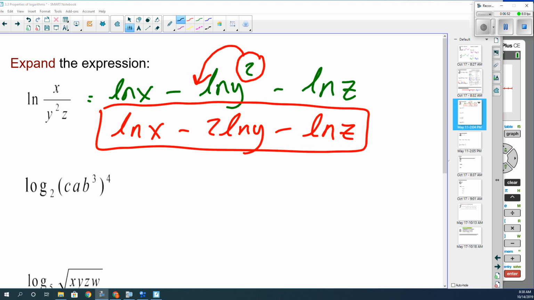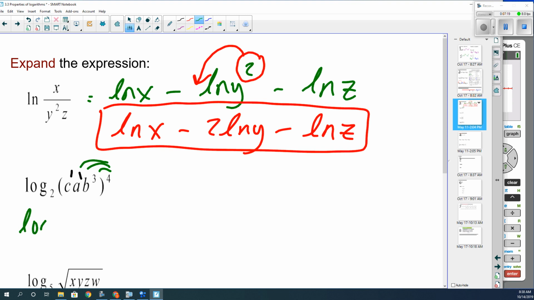Now, that fourth power is on everything, the C, the A, the B. So that fourth power could be brought in front of the log right away. I can either bring that down and write it as 4 log base 2 of CAB cubed, or my other option would be to put each of these to the first power and use my exponential rules, which say if I have a power to a power, I'm allowed to multiply that power in.